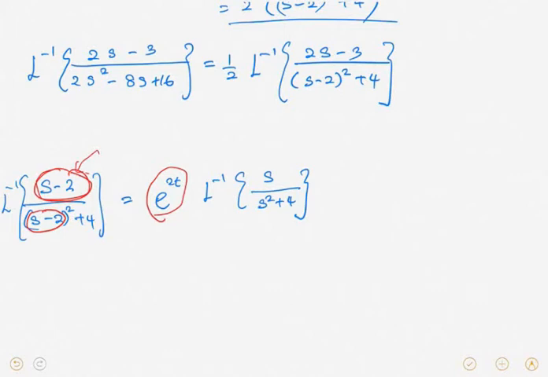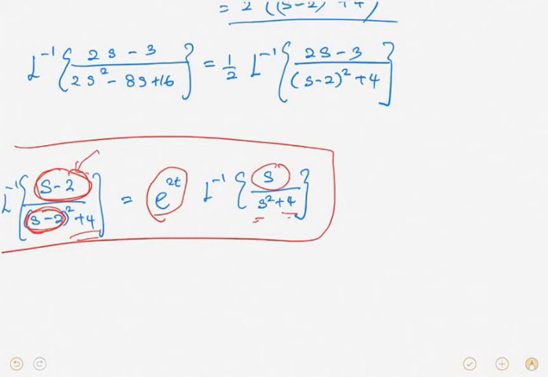And then the remaining is the s. And then this one you already apply the first shift, so remain the s plus 4. This is the same. Okay. After you know this, we go to next one.